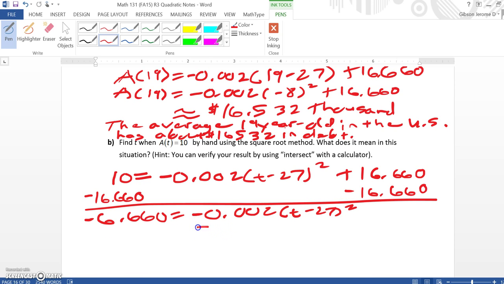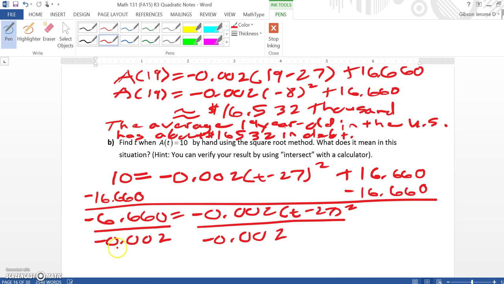Now we would divide each side by the negative 0.002. Now, when we divide each side here, this would give us 3,330, and that would equal T minus 27 in parentheses squared.